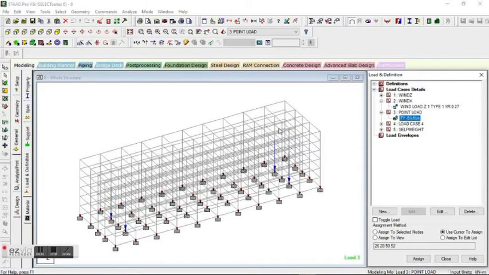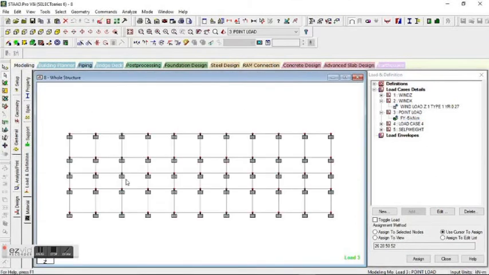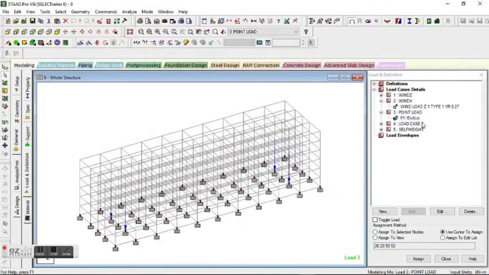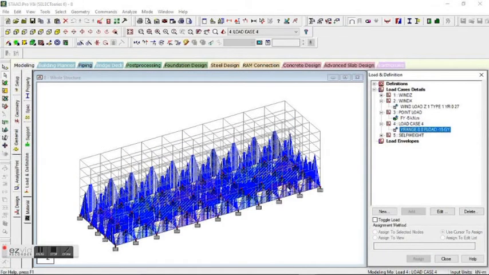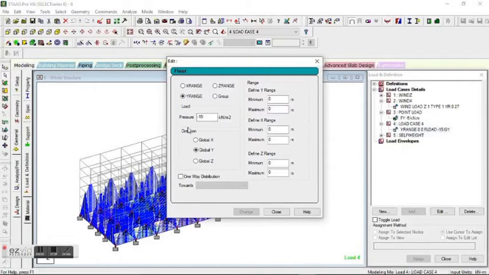Next is point load. We were required to install 4 point loads at B2, B10, D2 and D10, all of them with 5 kN each. For the third load case, slab loading was installed with a pressure of 15 N/mm² acting downward.